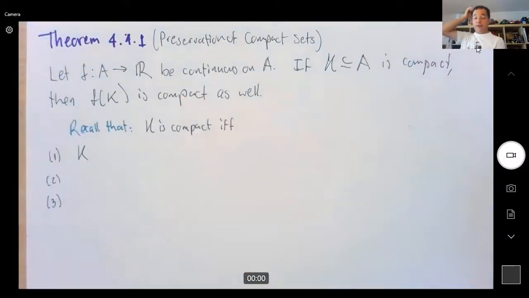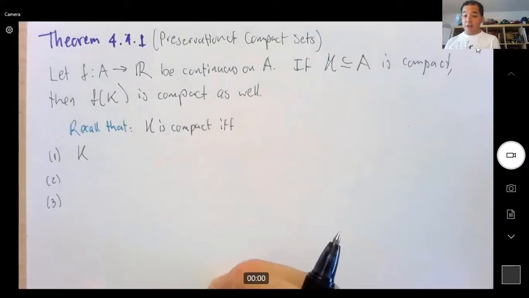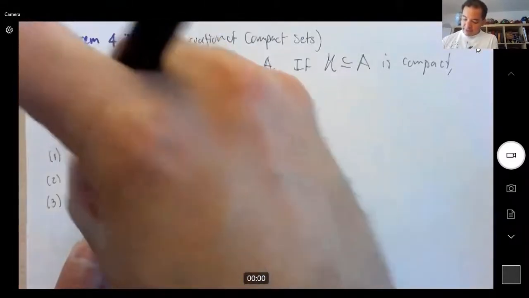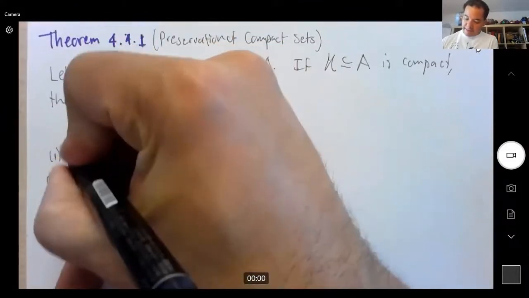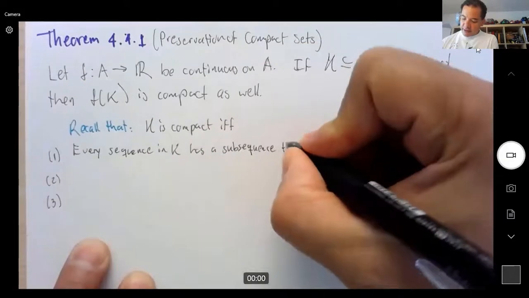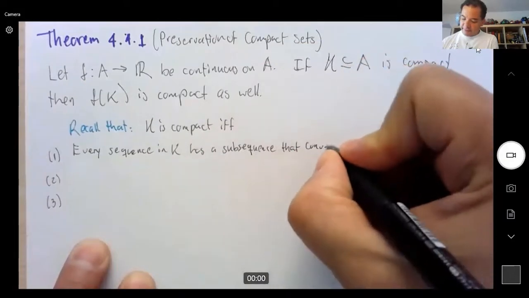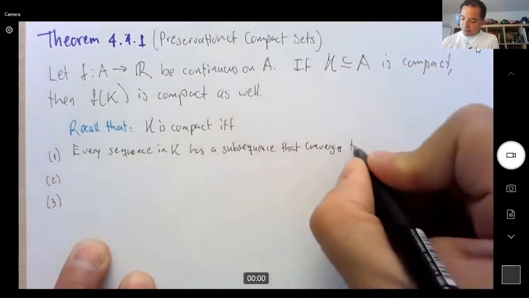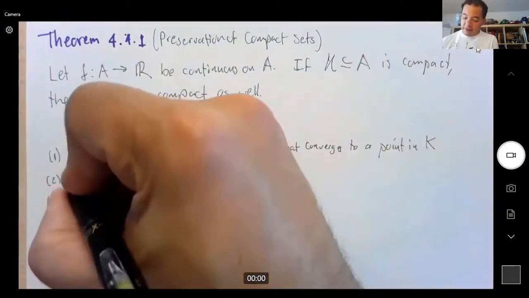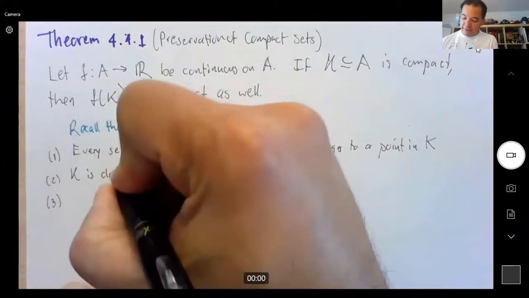One of them is the definition, which was that every sequence in K has a subsequence that converges to a point in K. The other one is that the set K is closed and bounded.